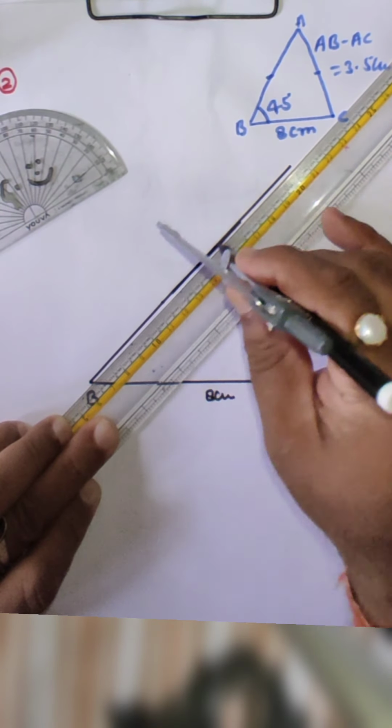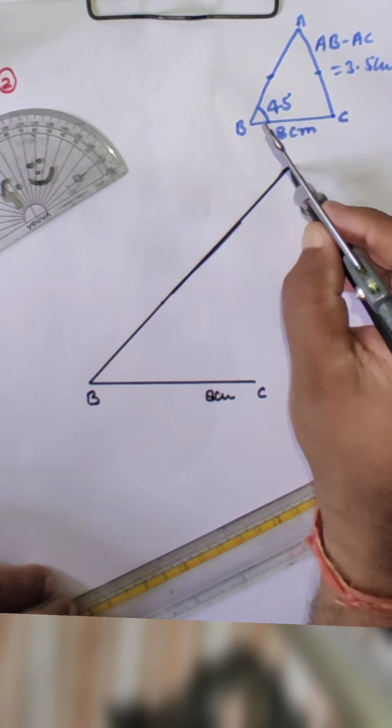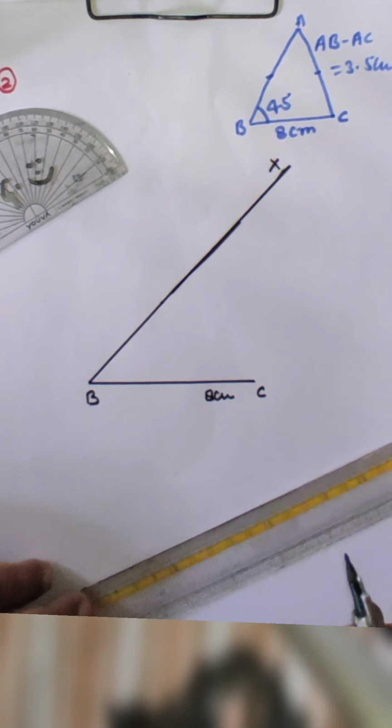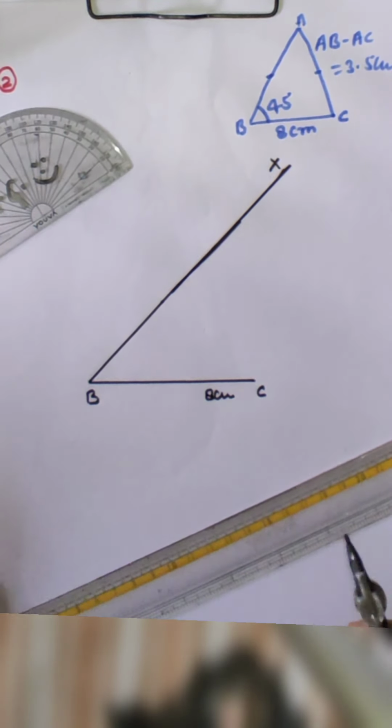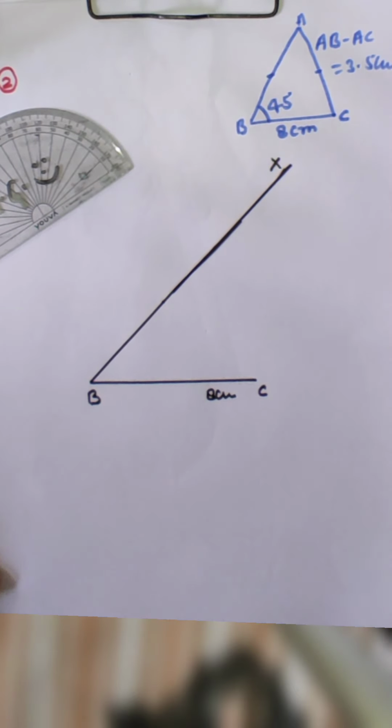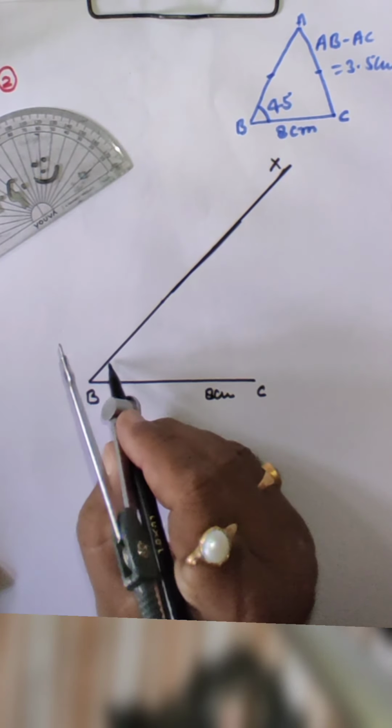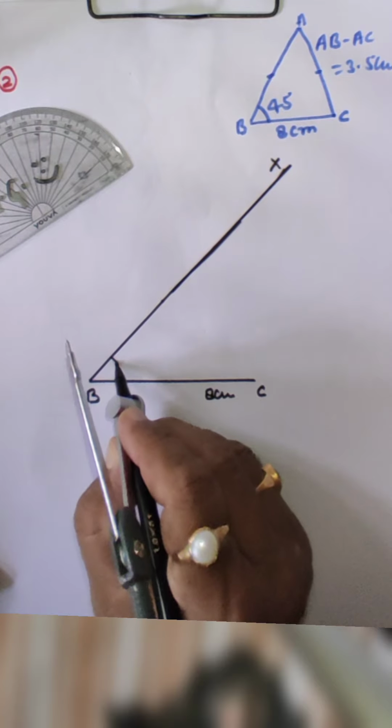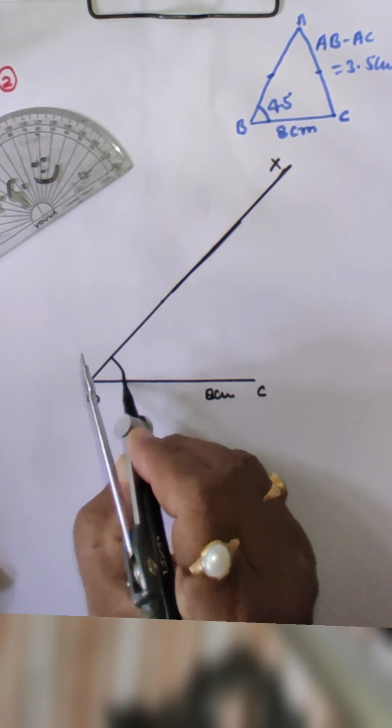BX is the line that makes angle of 45 degree at the point B.